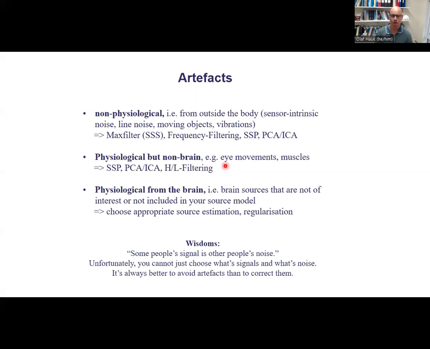If you have to have a tram line somewhere close to your MEG laboratory, then these artifacts will be in your data, but hopefully methods like MEG filter can help with that. And other sources like the heartbeat are impossible to avoid, but then you have to ask yourself whether they are actually relevant or whether they actually are dangerous in your particular experiment or not. A bit more about that in a second.